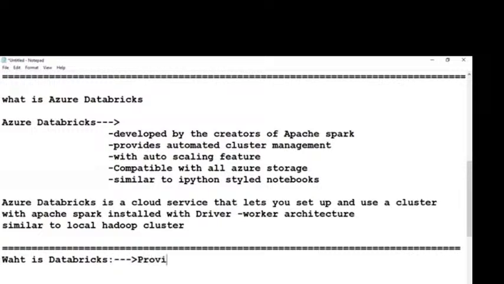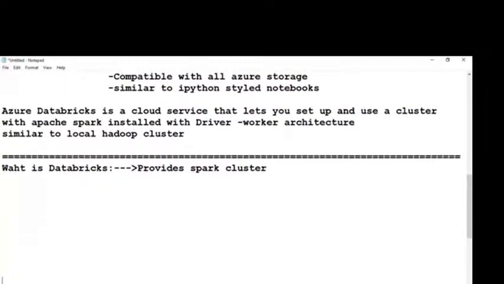It provides a Spark cluster. What is a cluster? A group of nodes. Nodes means CPUs, I can say. A group of CPUs connected in a network.